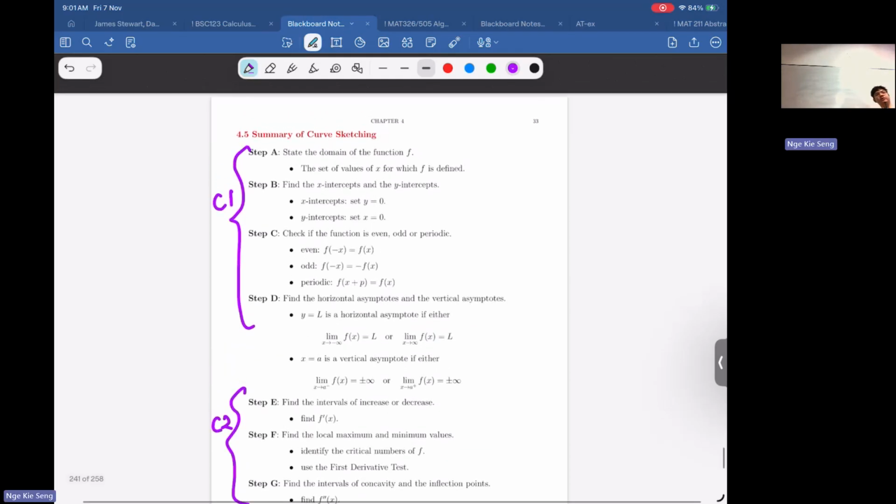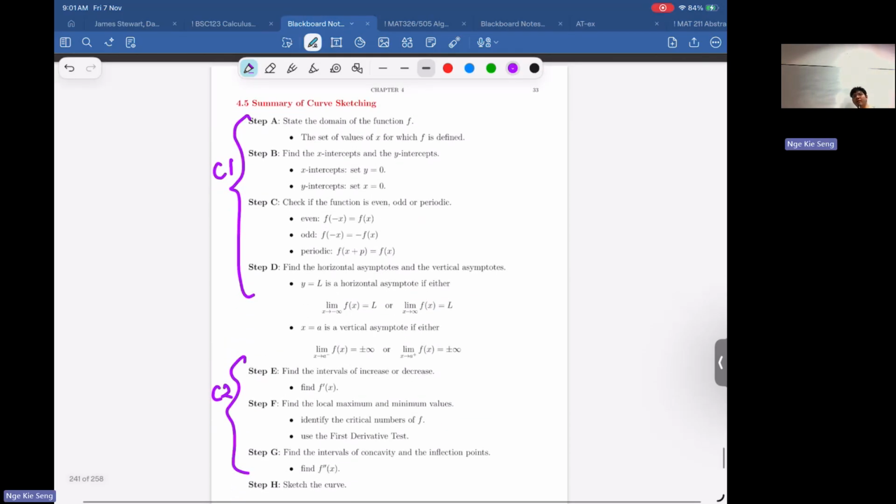Actually, curve sketching we already learned in chapter 1, but those were just for simple basic curves, for example polynomials, trigonometry, rational functions, and so on. But the steps laid out here can help you sketch a general curve.